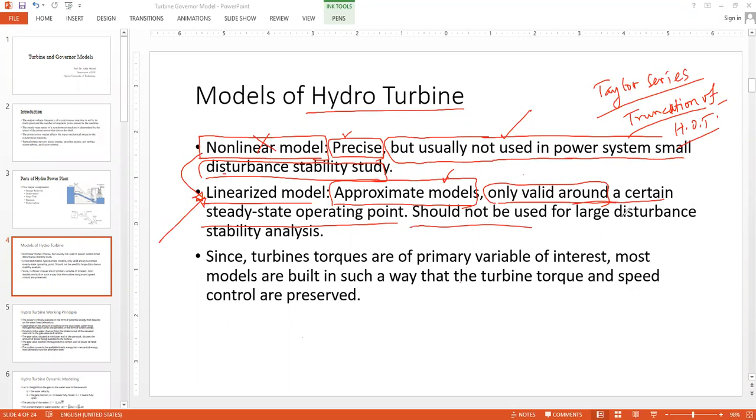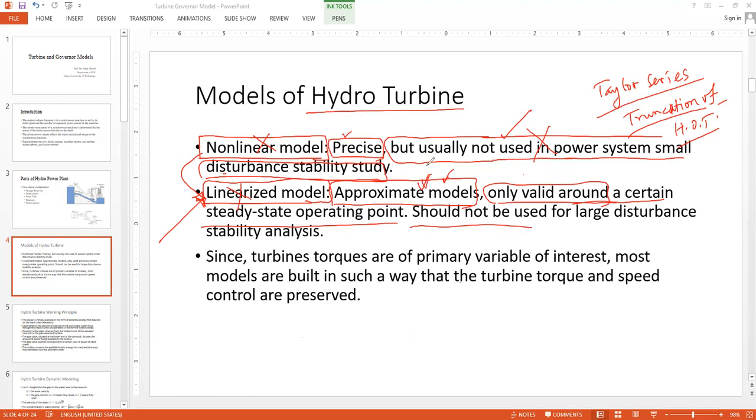So for large disturbance analysis, we are not going to use the linearized model. For small disturbance analysis, we are not going to use the nonlinear model. In our course till now, we are only focusing on the small disturbance model, so we will continue with the linearized, or approximated, model.